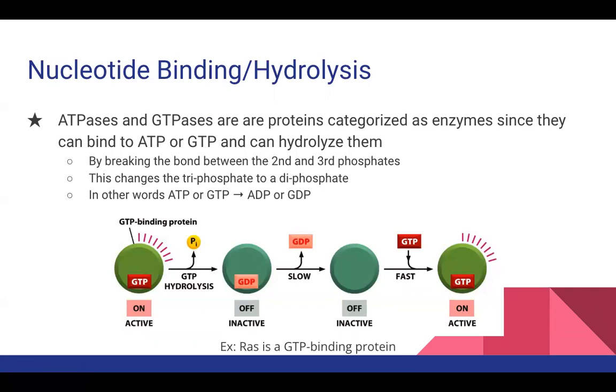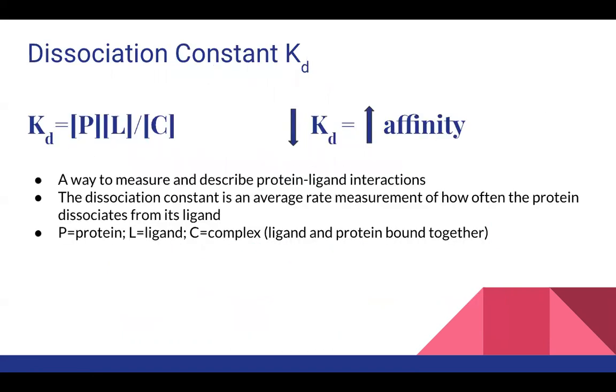RAS is an example of a GTPase, and its little mechanism is shown down at the bottom. And then for KD, its equation is given on the left.